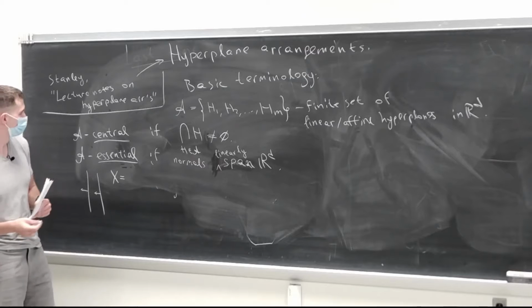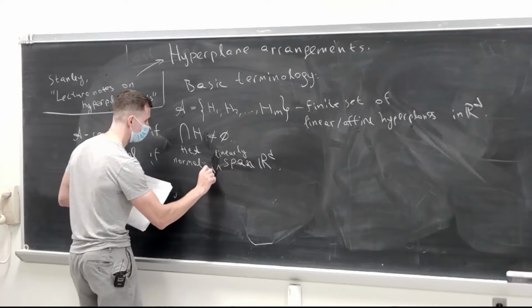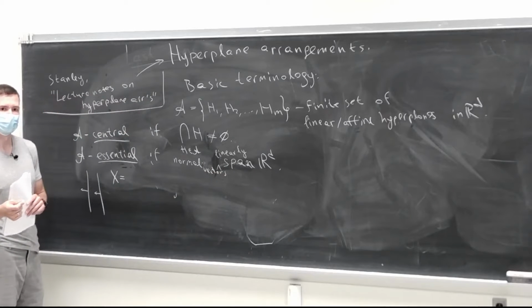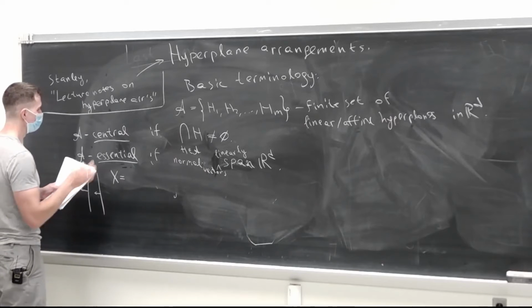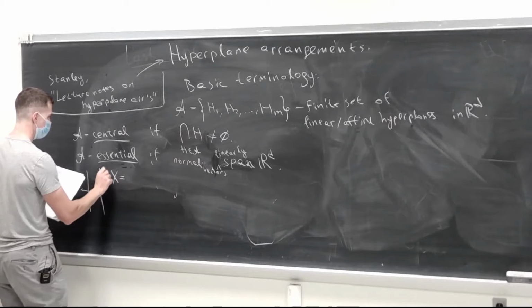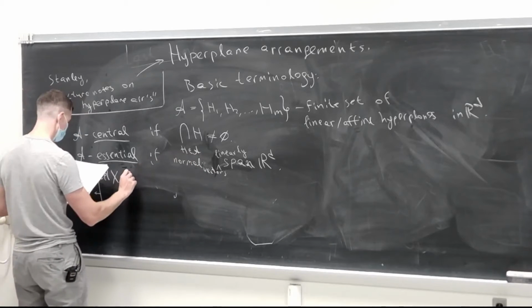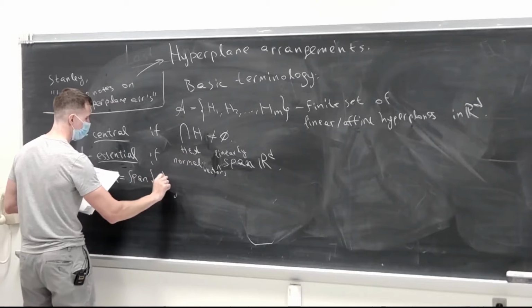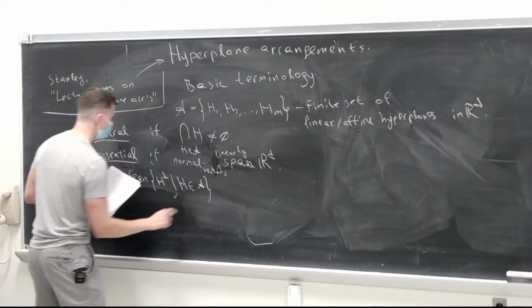Yeah, normal vectors. So let's say we let X be the linear span of these normal vectors. I'm going to denote normals by H perp.